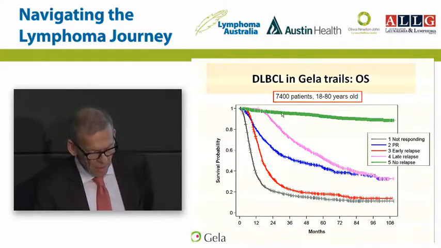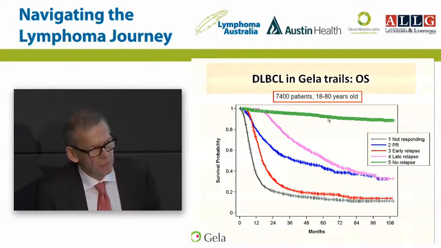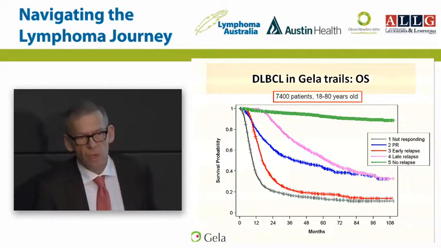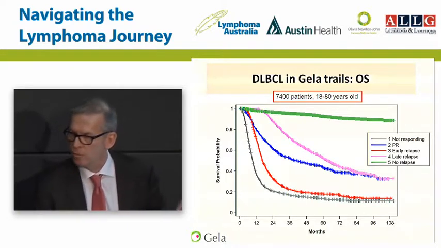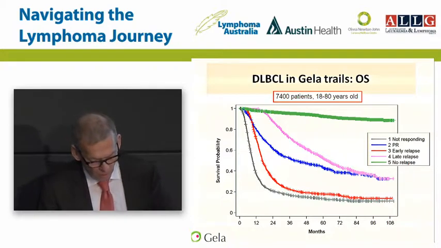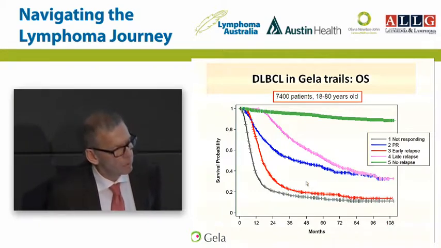And then you see that many of these patients up here do very well. They do not relapse, and they have a life expectancy that's rather similar actually to a similar population without cancer. However, you also see that patients relapse and that patients do not respond well at all. And these are the patients that have a poorer prognosis.